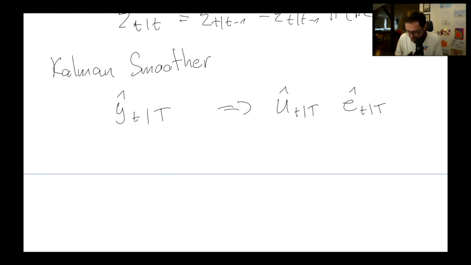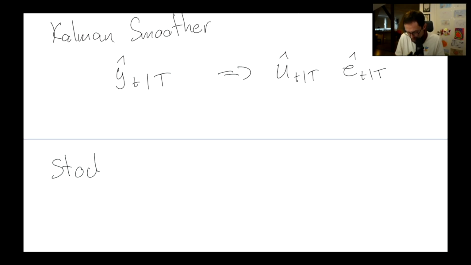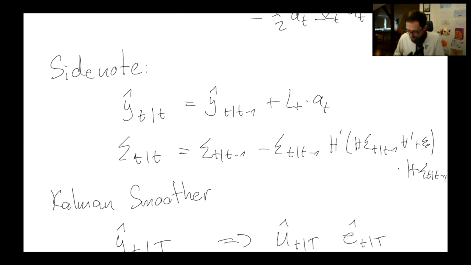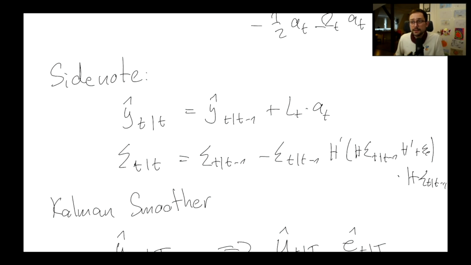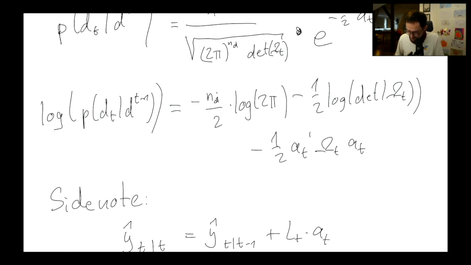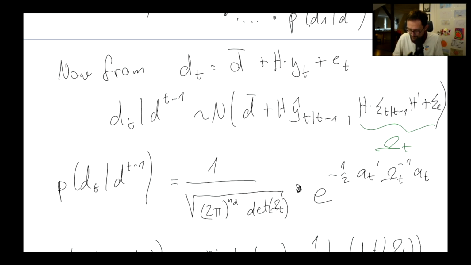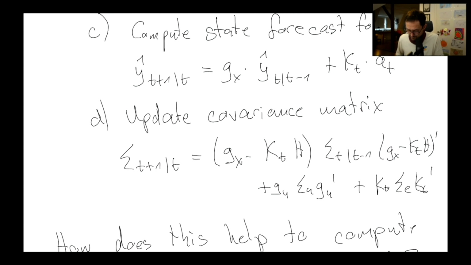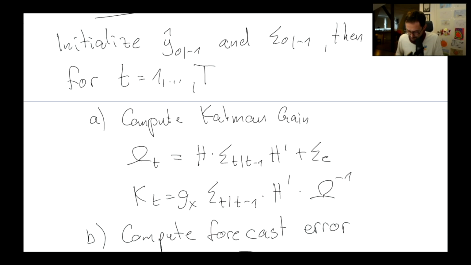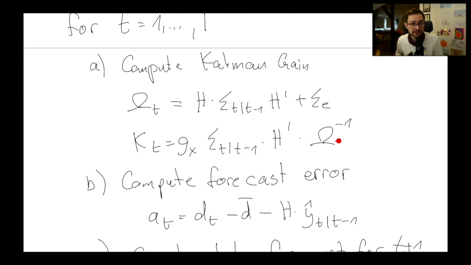My second side note is what is known in the DSGE literature as stochastic singularity. Now, if you have noticed, we are required to compute the inverse of this omega matrix, for computing the likelihood for sure, but also right here to compute the Kalman gain. And an inverse can only be computed if we have a non-singular matrix.